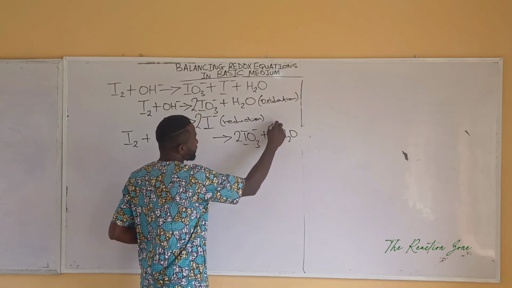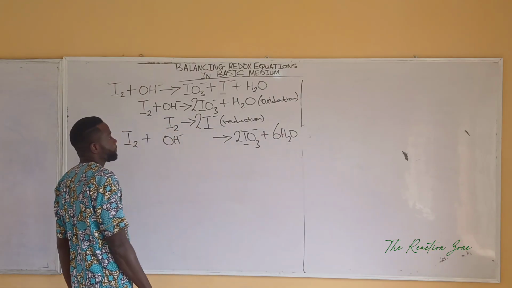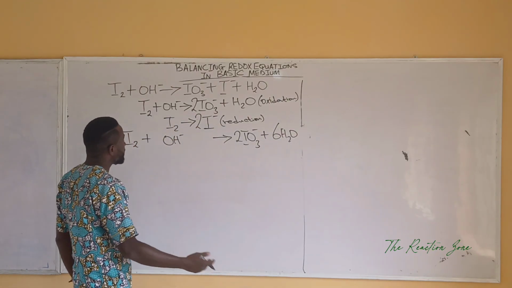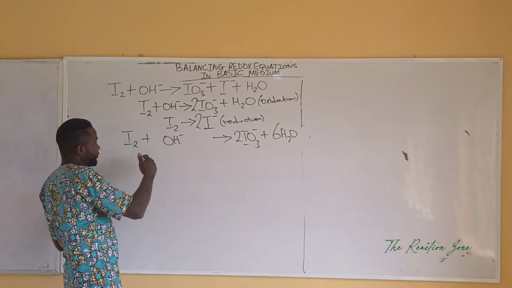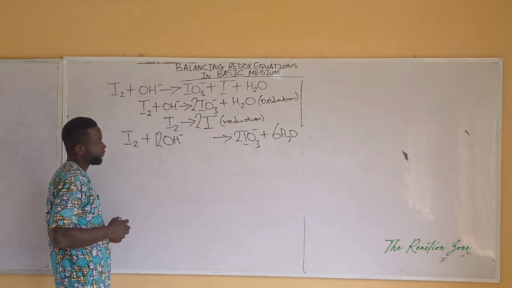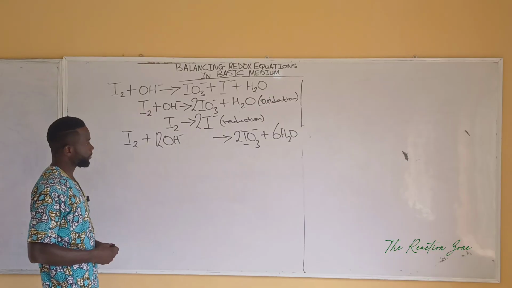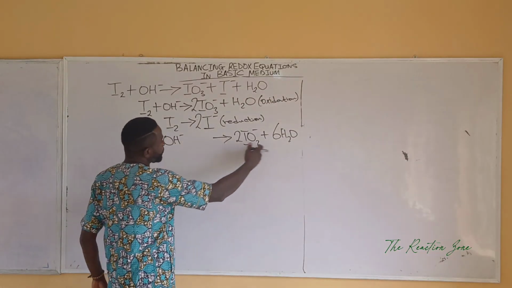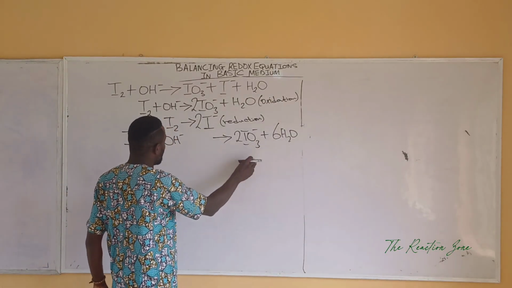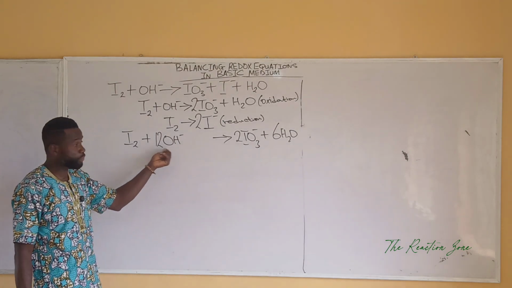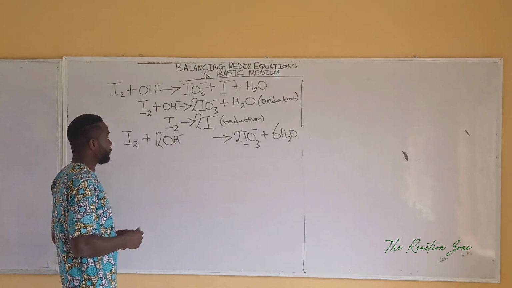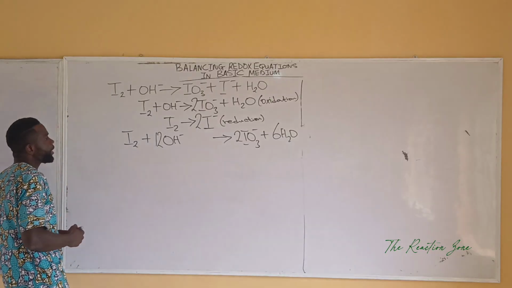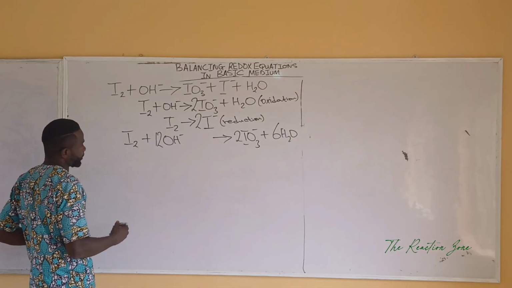So I'll simply add 6 here, and then that means that I will have 12 OH minus on this side, and then I add 12 here. So when you look at this, the number of oxygen atoms on this side is 6 plus 6, 12, and here it is 12. The number of hydrogen atoms here is 12, and this is also 12.